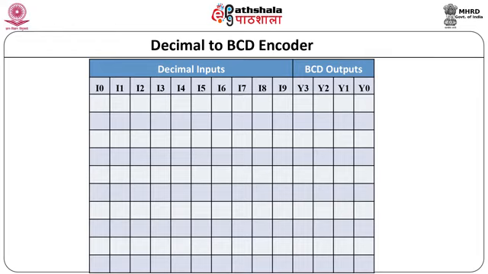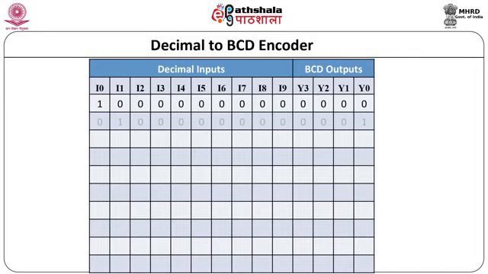Note the encoder assumption that only one of the inputs is activated, that is at logic 1, and other inputs are not activated. In linear encoder, only one input is active at a time. Let us consider I0 is equal to 1 and other inputs are at logic 0. The binary output for this combination is all 4 bits 0.